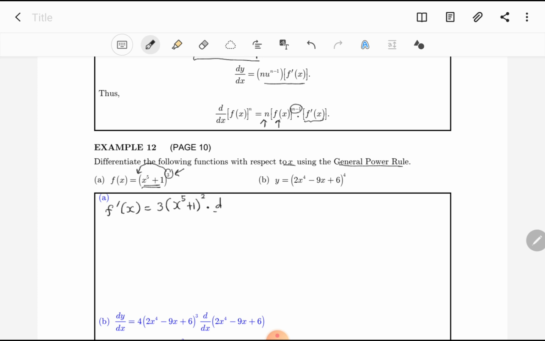And next, we need to differentiate the inner function, which is x to the power of 5 plus 1. So we have 3 times (x to the power of 5 plus 1) squared times 5x to the power of 4. So we have 15x to the power of 4 times (x to the power of 5 plus 1) squared. So this is the answer for part A.